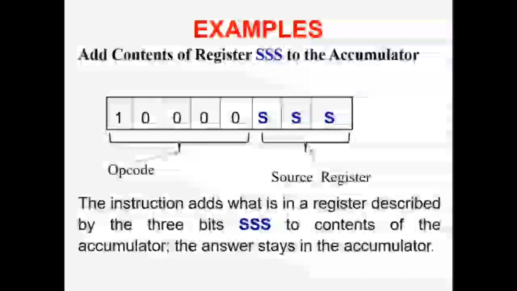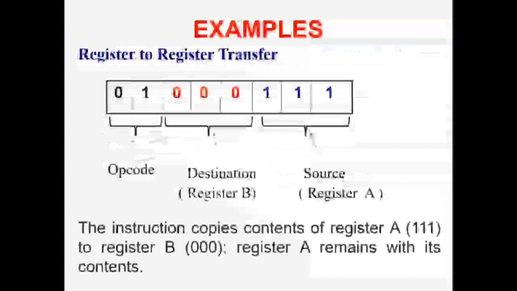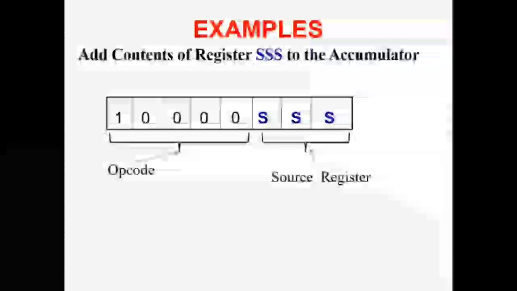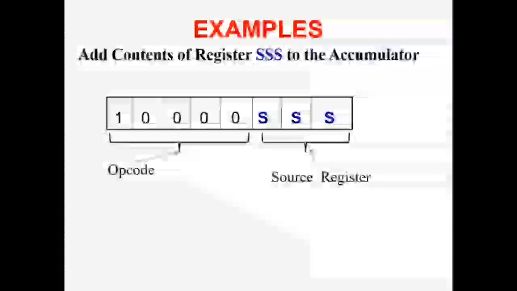We had worked out some examples. Okay, so if we can remind ourselves a bit, can someone tell me how I can add what is in register B to what is in register A?